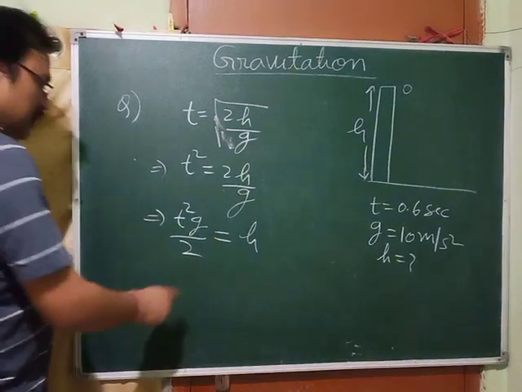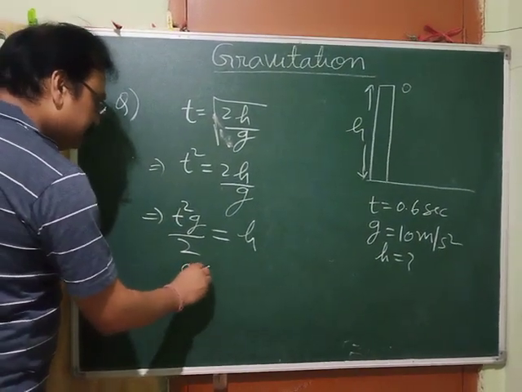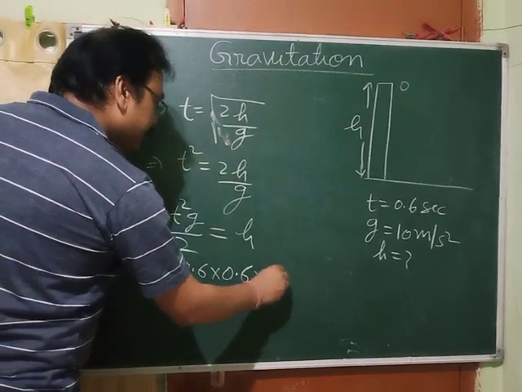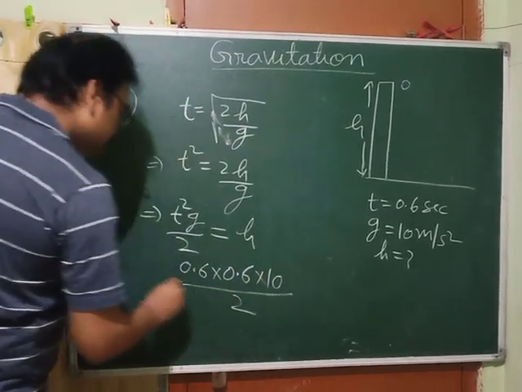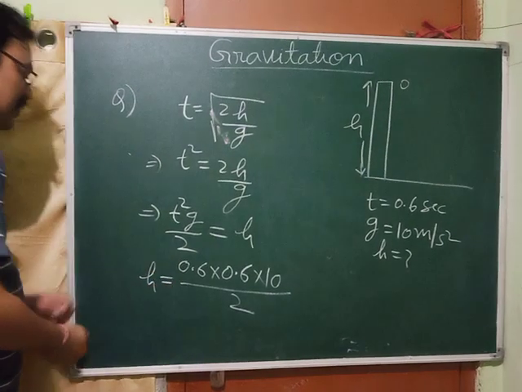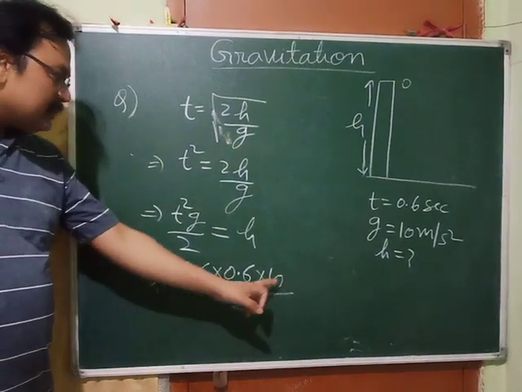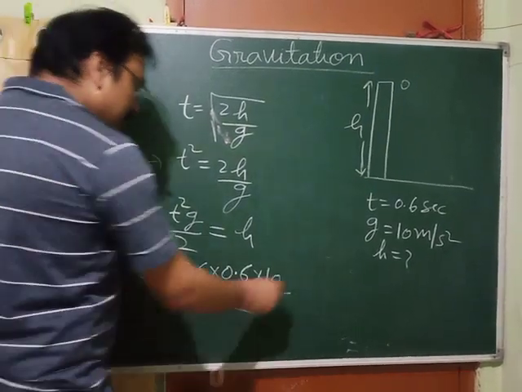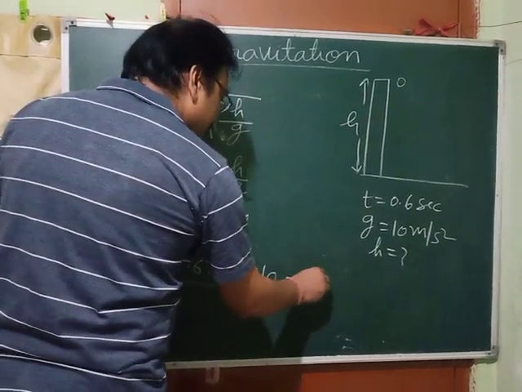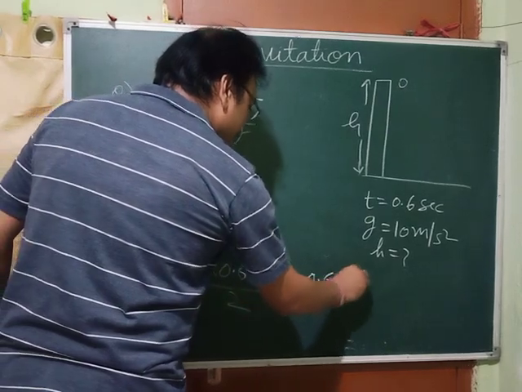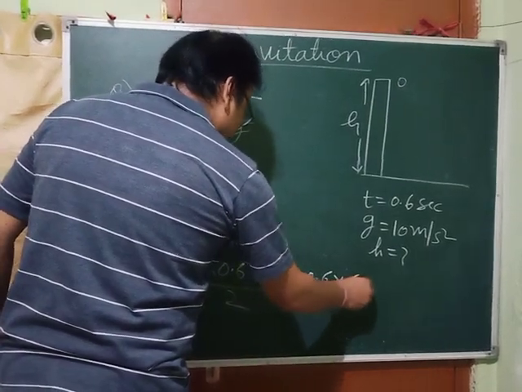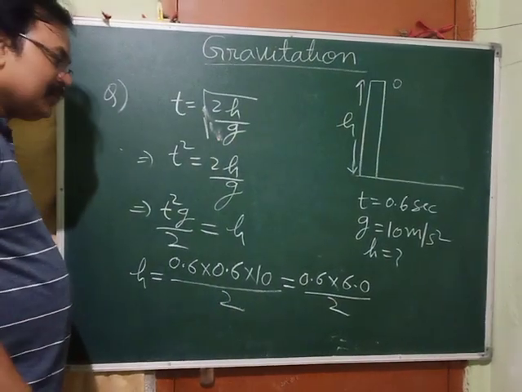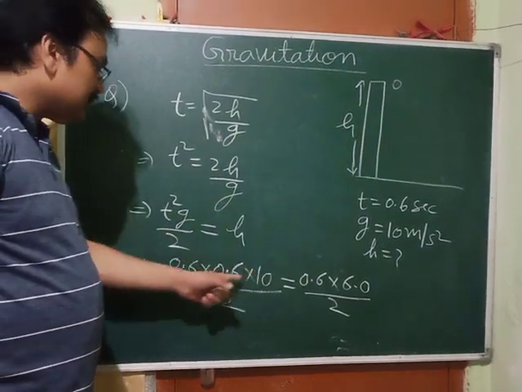What is the value of t? It is 0.6 into 0.6, because square is there, into g is 10, and here is 2. That is the value of h. Now 0.6 into 10 will come 6. So we can write 0.6 into 6.0 upon 2. Clear? Because 6 into 10 is 60, and the decimal is after one place.